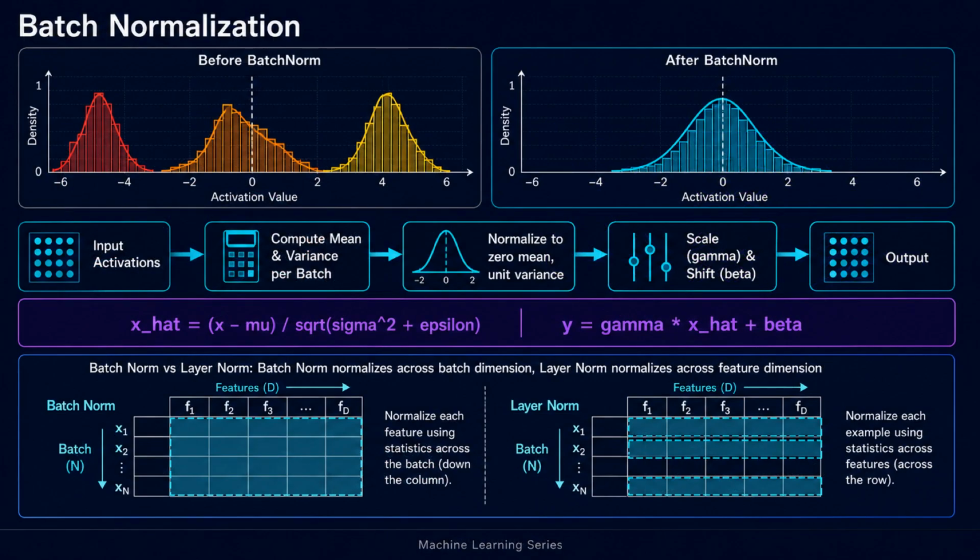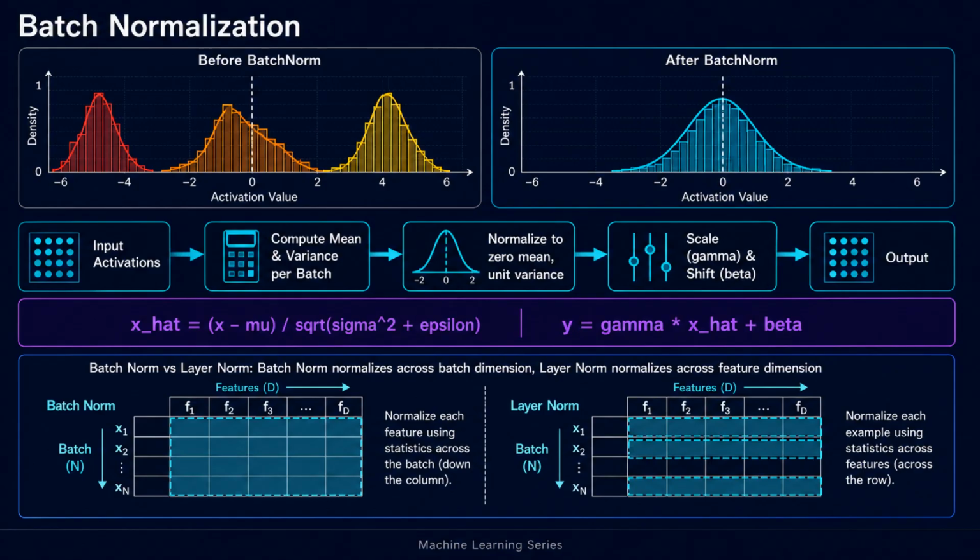Batch normalization was originally motivated by internal covariate shift, the idea that the distribution of layer inputs keeps shifting as earlier layers update. Later work suggests the bigger effect is that it smooths the optimization landscape, but either way the practical result is more stable training.